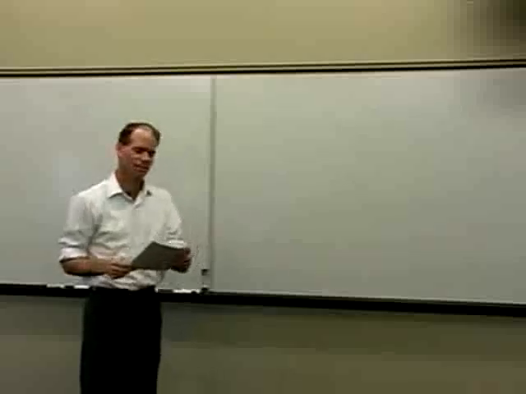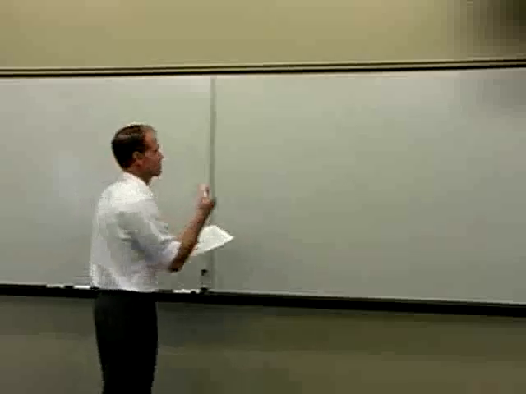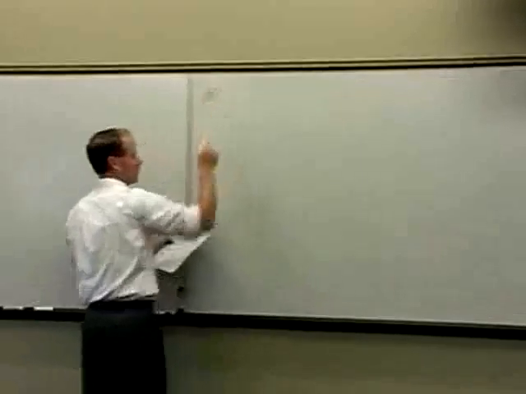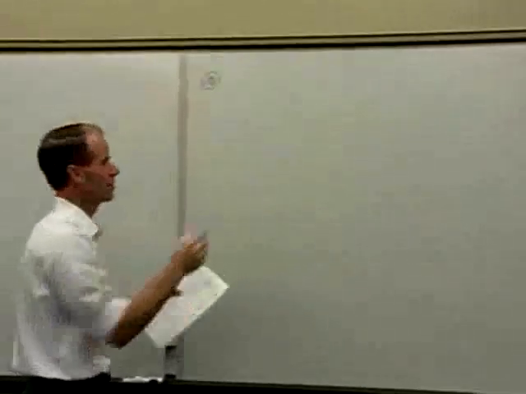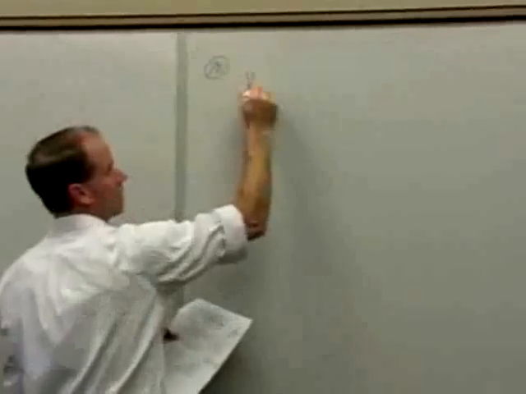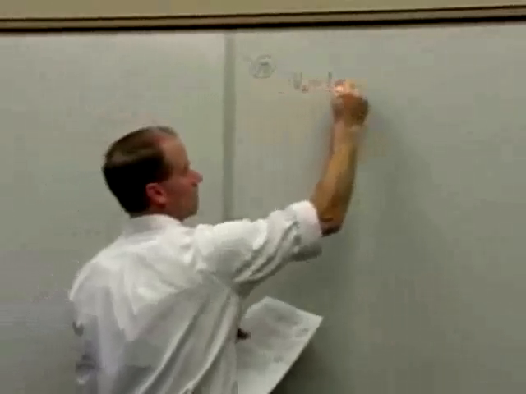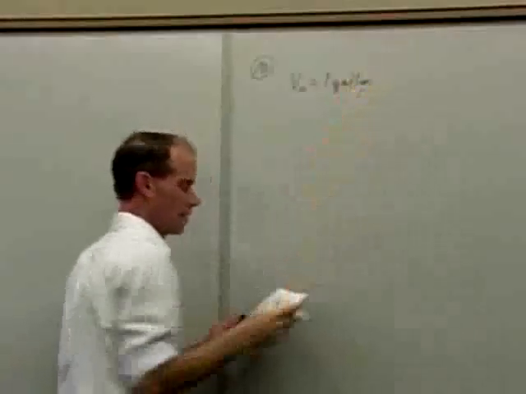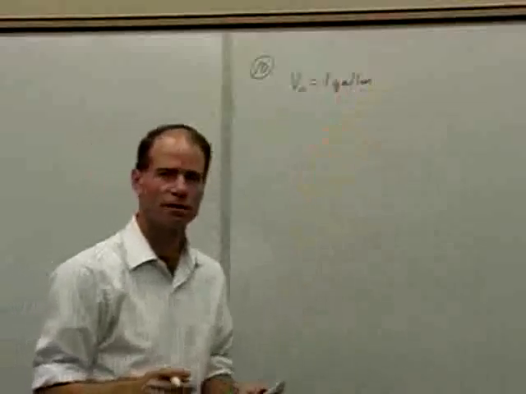Well, let's take a look at this one. It's problem number 10. We're going to start off with a gallon. So our original volume is 1 gallon. And our change in temperature was 25 degrees Fahrenheit.